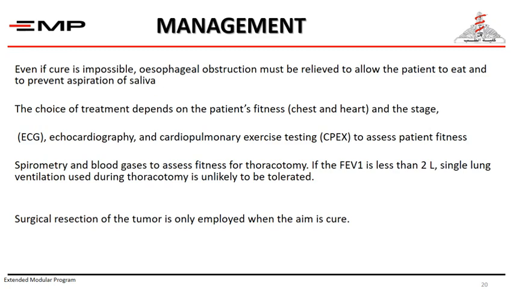Very important, even if the tumor is impossible to cure, we have to restore the esophageal lumen and relieve the obstruction so the patient is allowed to eat and drink and prevent saliva aspiration. So the choice of treatment depends on the patient's fitness, chest and heart condition, and the stage.